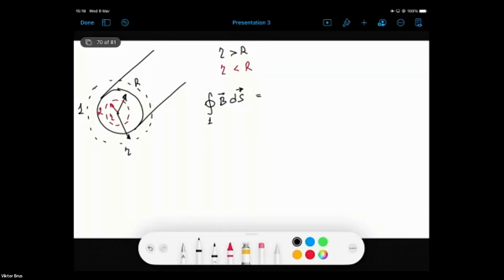We can write that this will be equal to B times integral over this path ds.